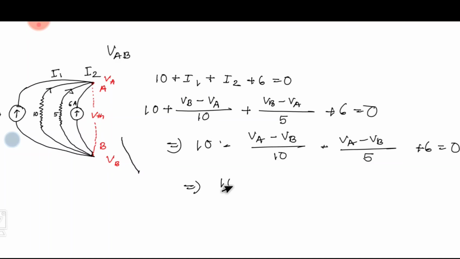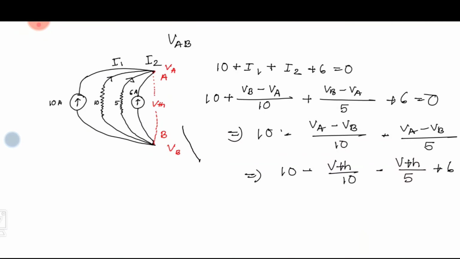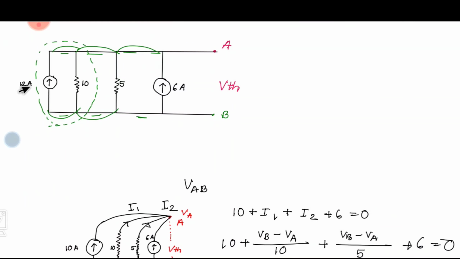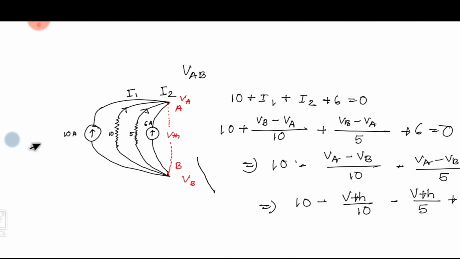So the current source minus VAB, or VTH, by 10 minus VTH by 5 plus 6. Sorry, in this case the value of the current source is 12, not 10.